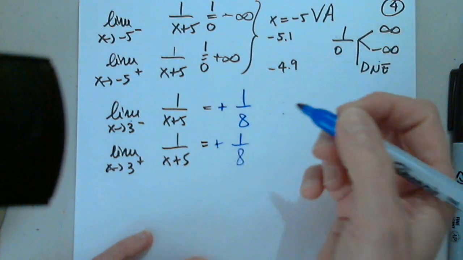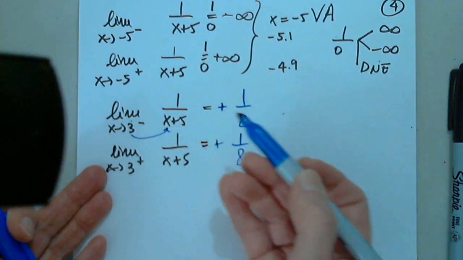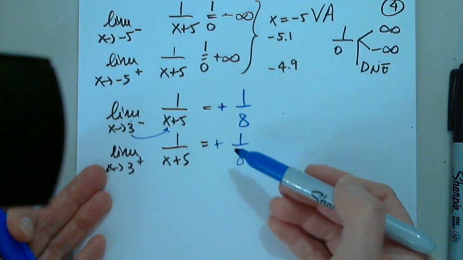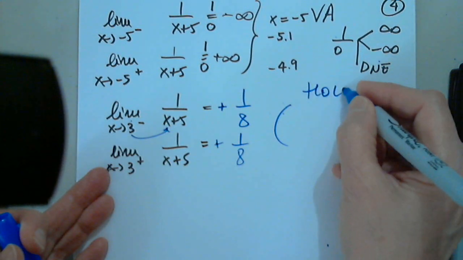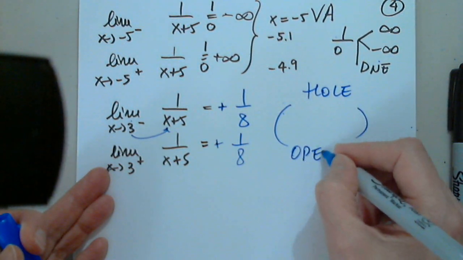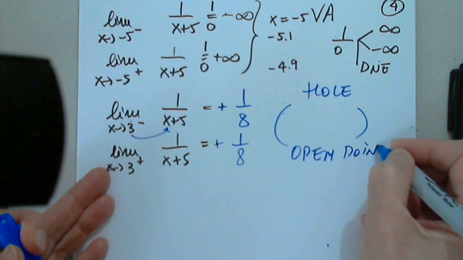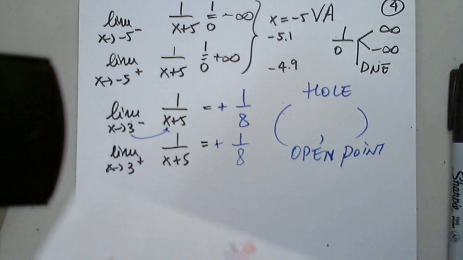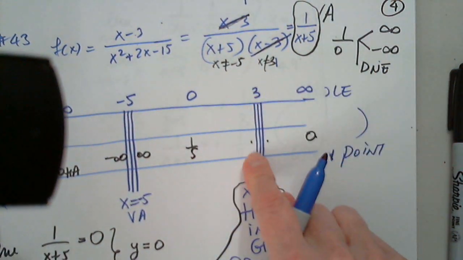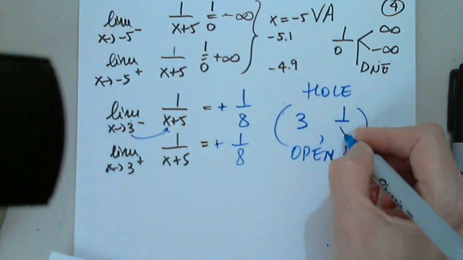Yes, awesome. All we have to do is plug in 3. 3 plus 5 is 8, 1 over 8. So can anyone now give us the hole or the open point? 3, 1/8. Yes, brilliant.